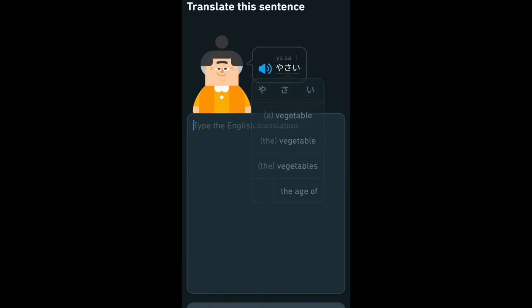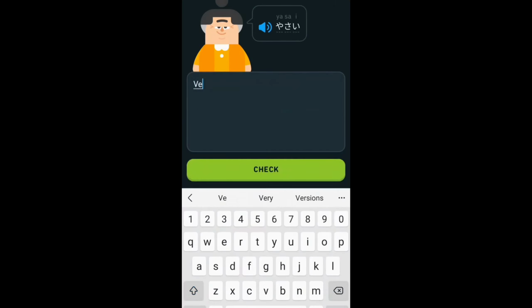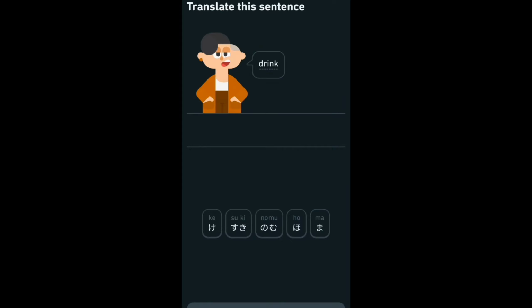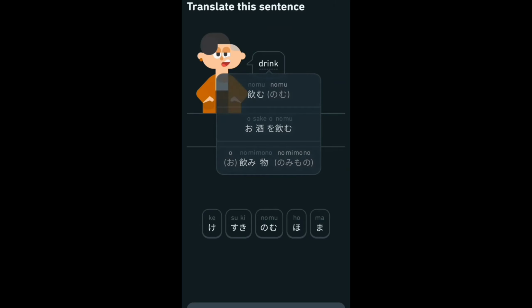Yasai is a vegetable. Yasai, vegetable. And drink, you may not know this. We just covered it though. It's nomu. Try and remember that.